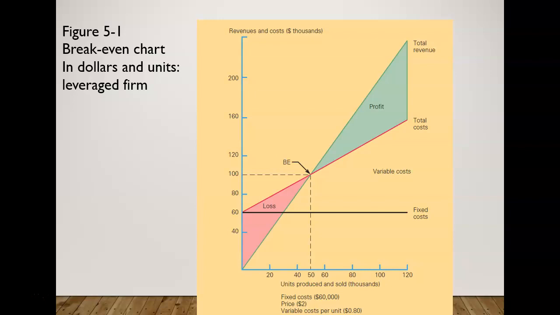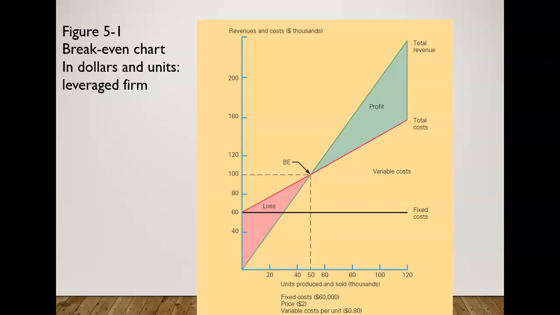So that total revenue line, which is the green line, you can see starts from zero and it continues to grow. Now, at the point where 50,000 units are produced and sold, that's our break-even point. So 50,000 units produced and sold is how many units we need to produce and sell to break even.